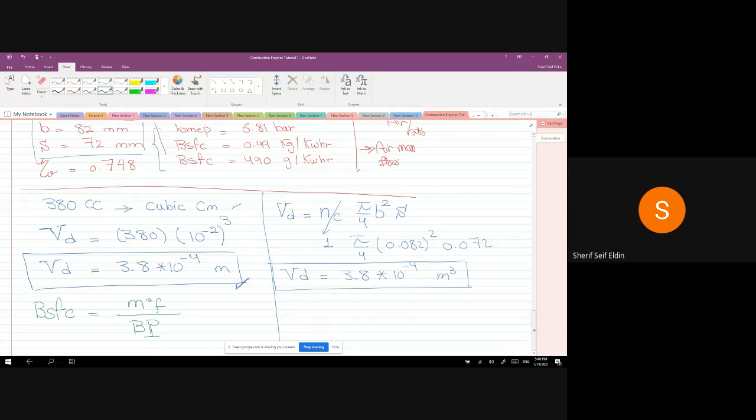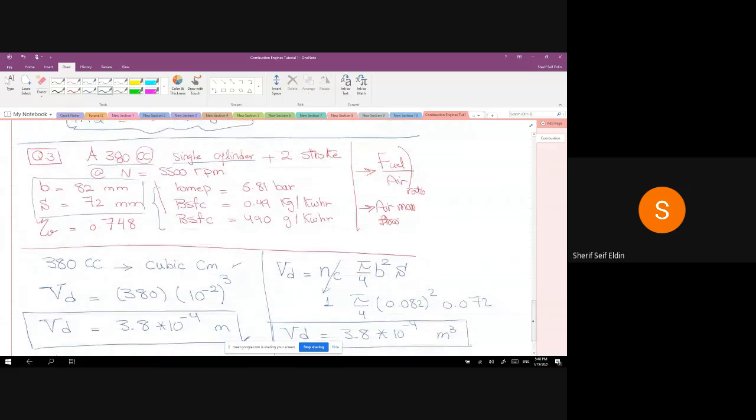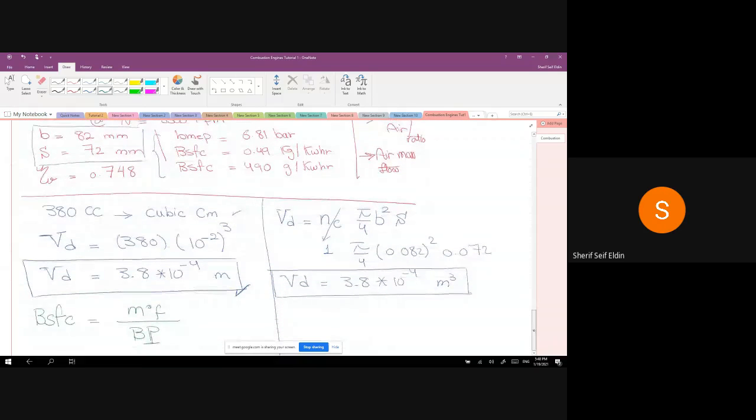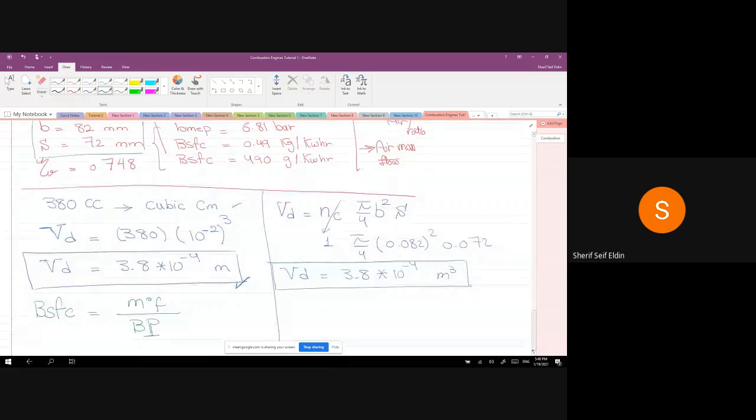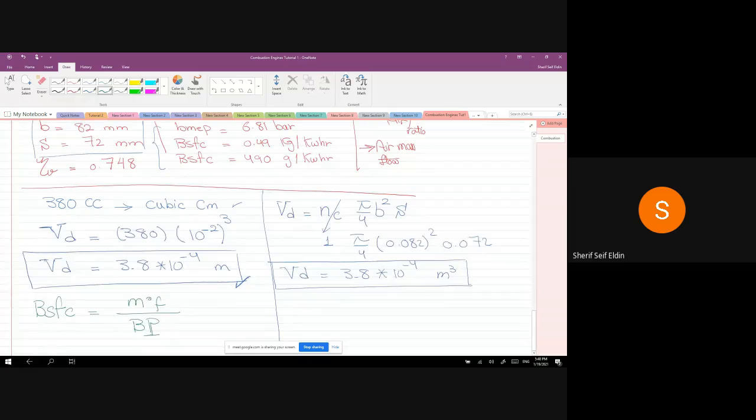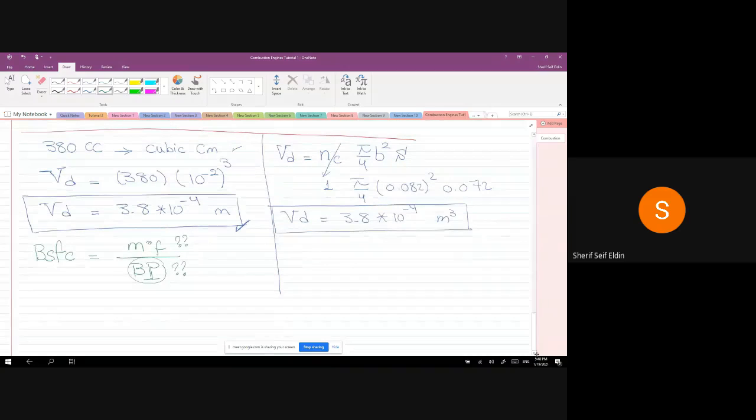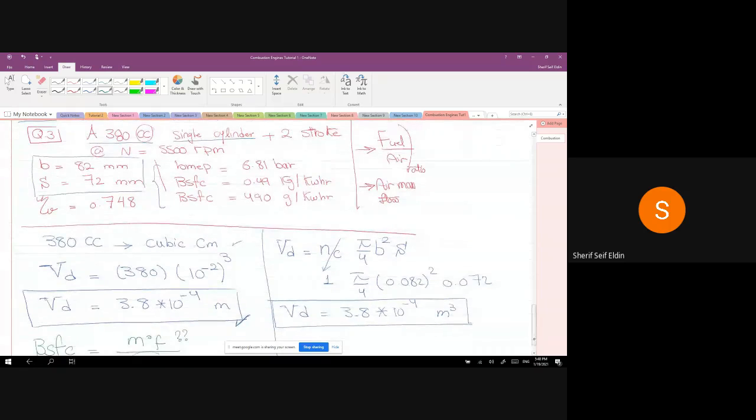So the brake specific fuel consumption is equal to m dot fuel over the brake power. So we don't have m dot fuel and we don't have brake power. How are we going to get the brake power then? From what given?